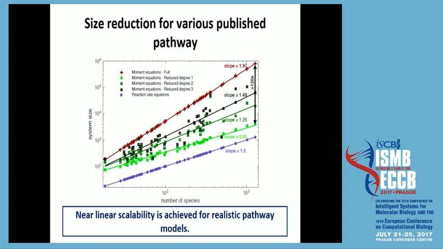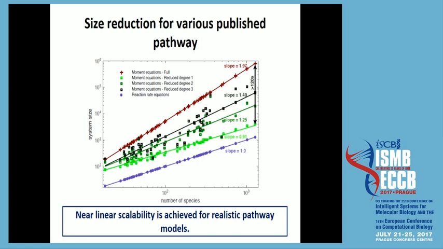It is very interesting to note here that the first degree S2MA has a linear scaling very similar to reaction rate equations for all of these realistic pathways, with the added value that it also describes the variances and some of the covariances.